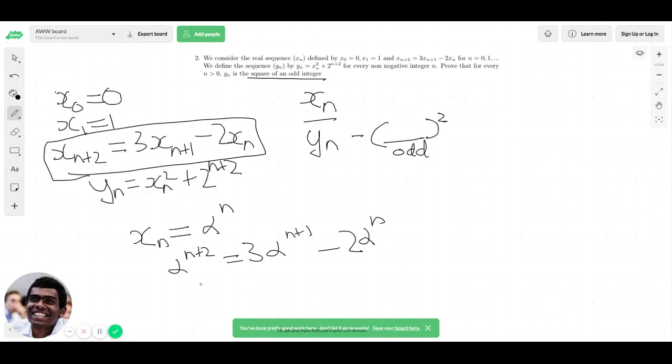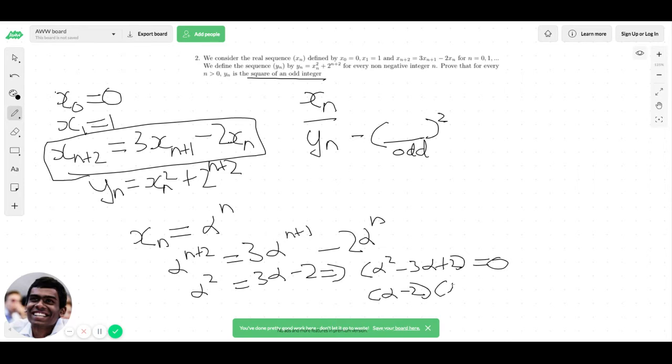We cancel the n's, and we basically get that alpha squared equals 3 alpha minus 2. Now we can write this as a quadratic equation, alpha squared minus 3 alpha plus 2 equals 0. And this means that (alpha minus 2)(alpha minus 1) equals 0. So alpha equals 2 or alpha equals 1.